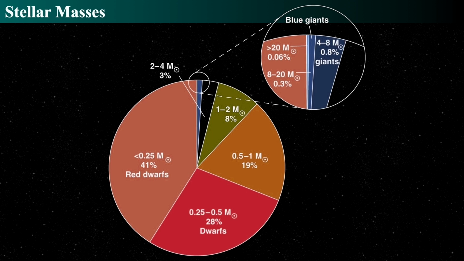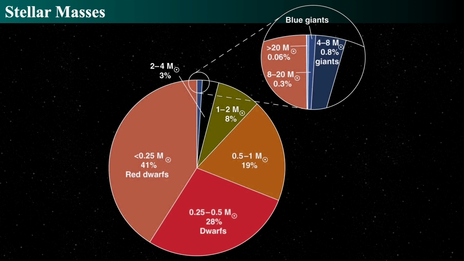In this study, we find that stars roughly below a quarter of the mass of the sun make up about 41% of all the stars in the sky. And between about a quarter of the mass of the sun and about half the mass of the sun, that's about 28% of all the stars in the sky. And between half the mass of the sun and about the mass of the sun, it's about 19%.